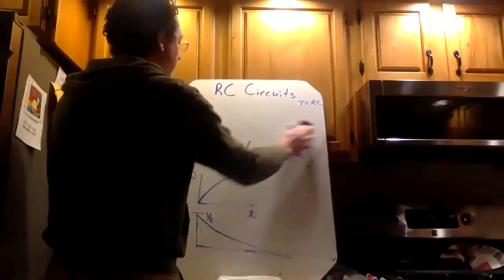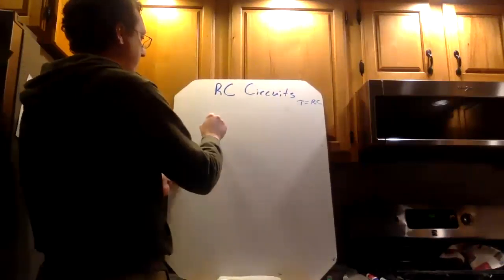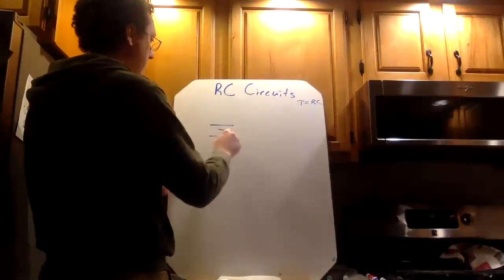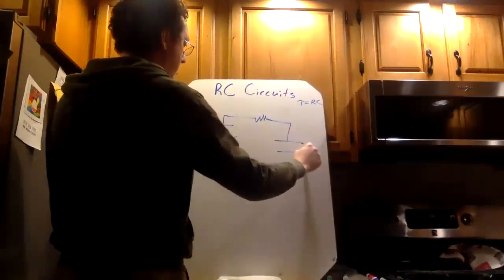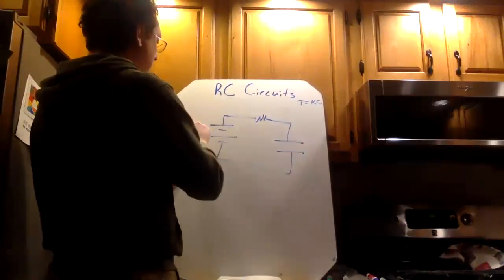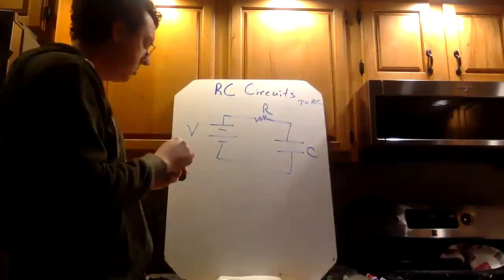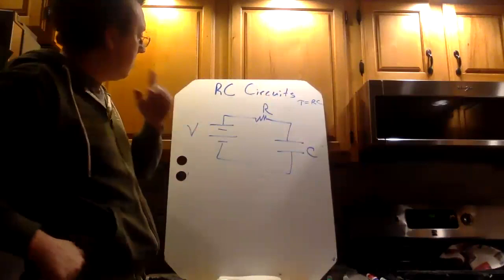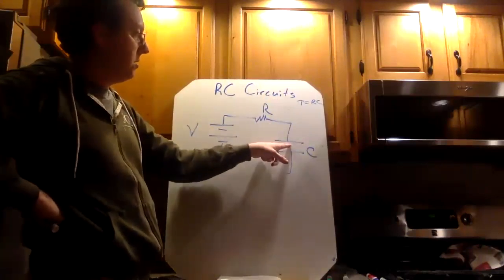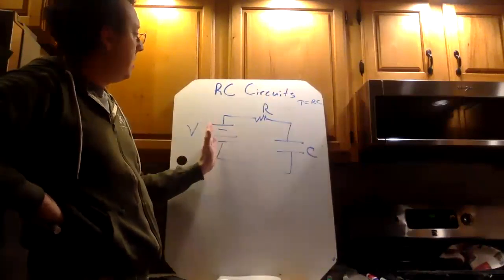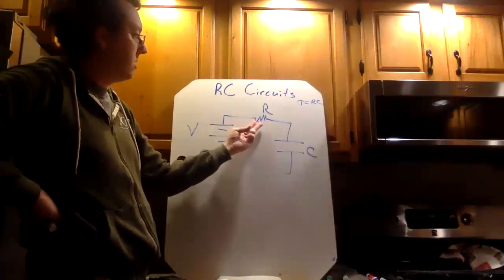The logic of that is as follows. Let's go back to our circuit. At the very beginning, there's no charge, so the only significant component in the circuit is a resistor.